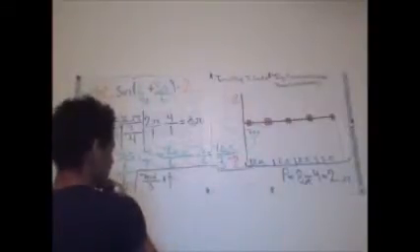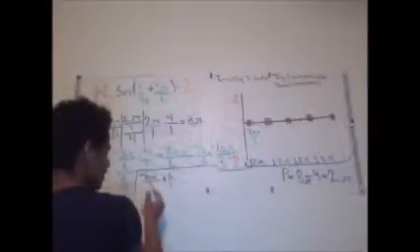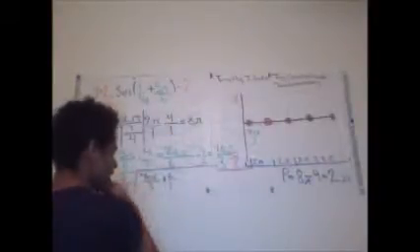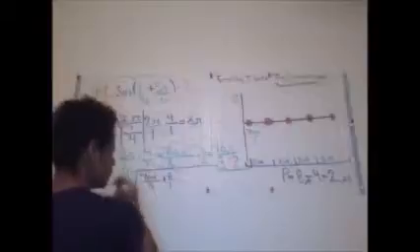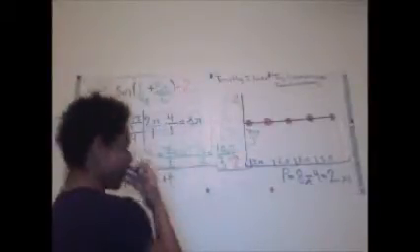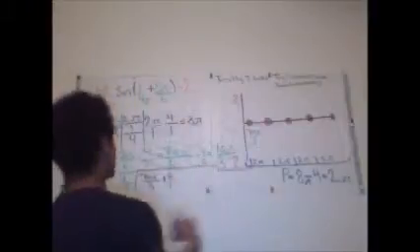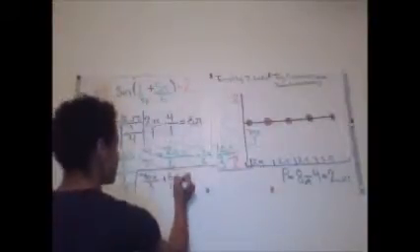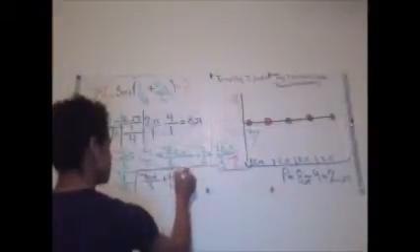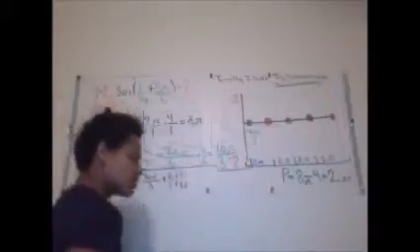Well, let's see. 3 times 1. What can we do to equal 3? We could times it by 3. So we could times this by 3, and we could times this by 3. And what did I just times?